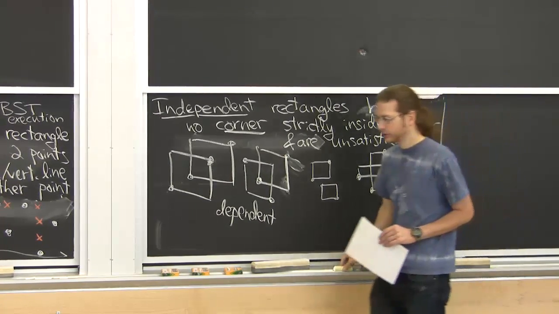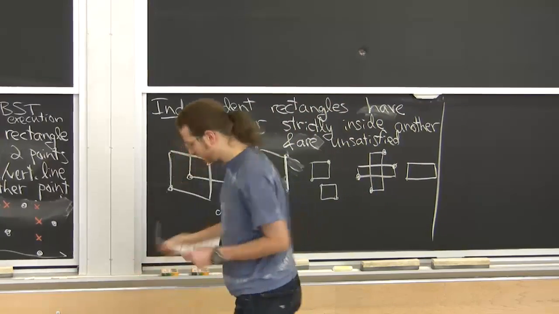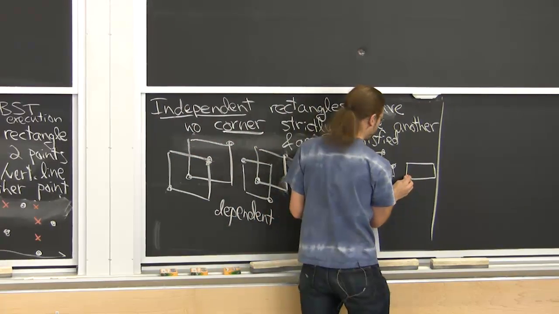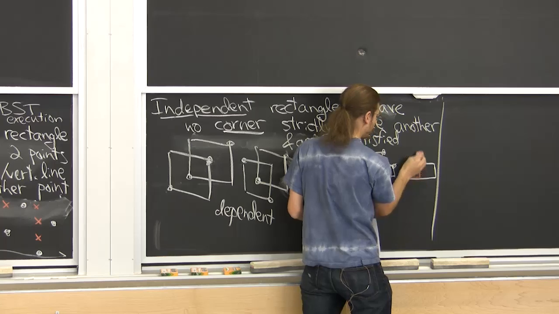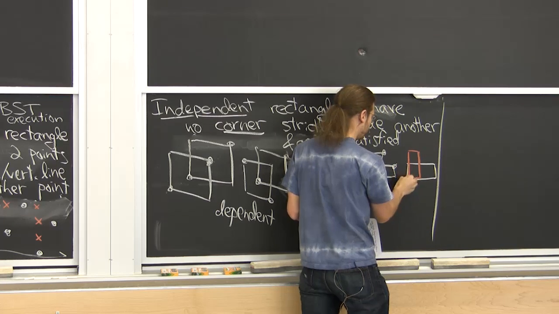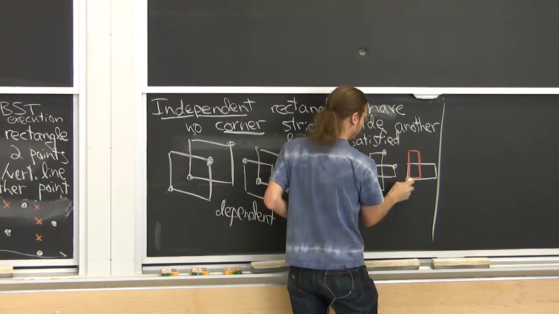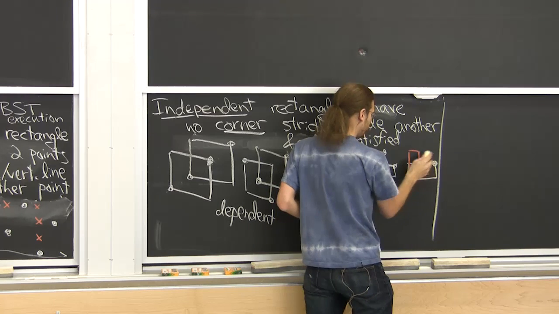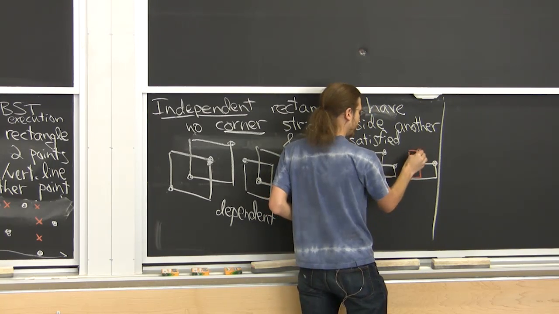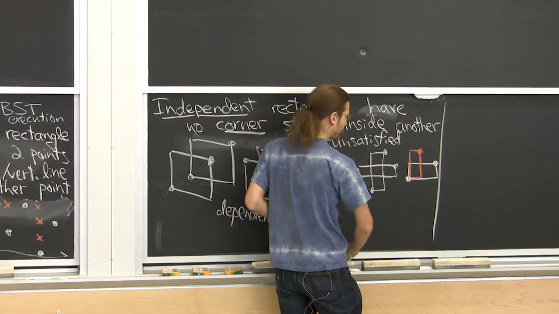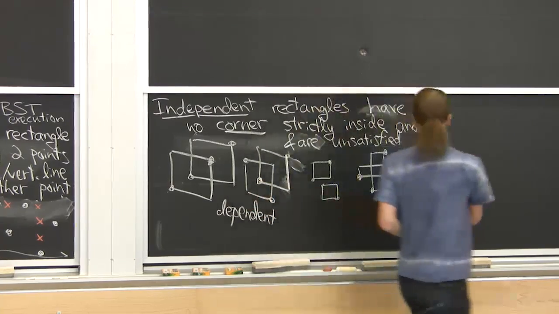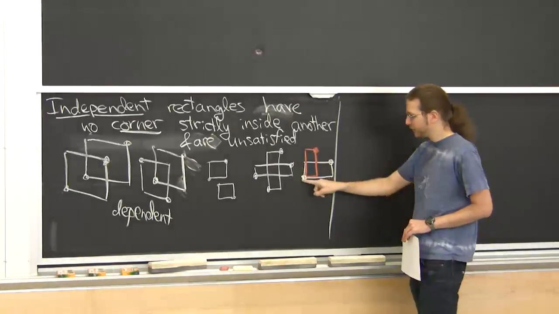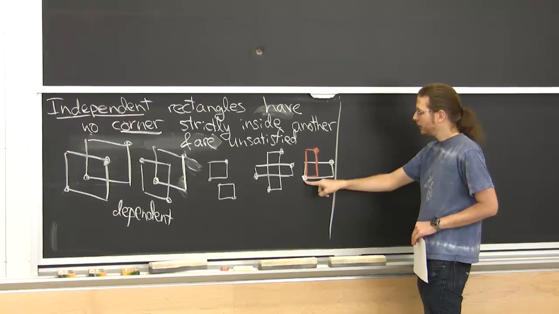which maybe I'll use color for. I'll draw the other one because they're right on top of each other. So I've got a point here, and a point here. These are two rectangles defined on 3 points, so they both use this point.